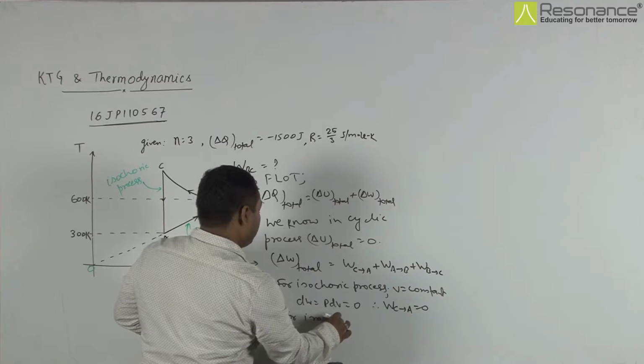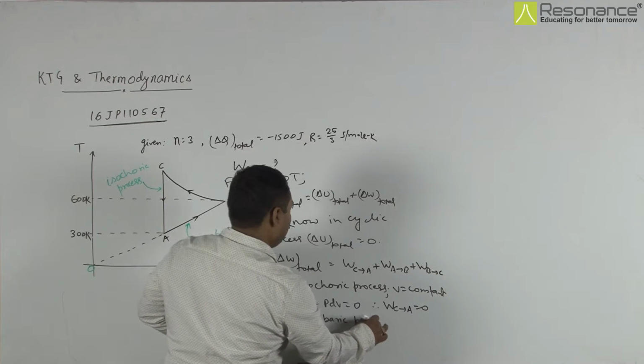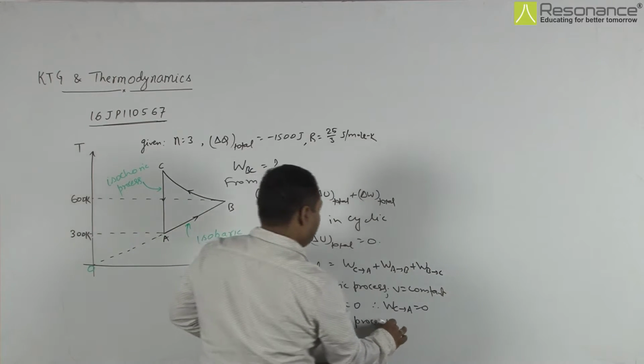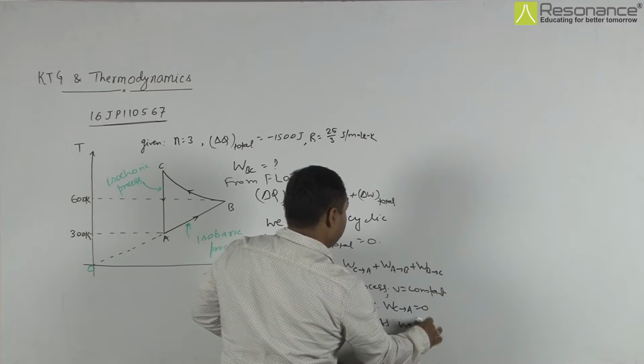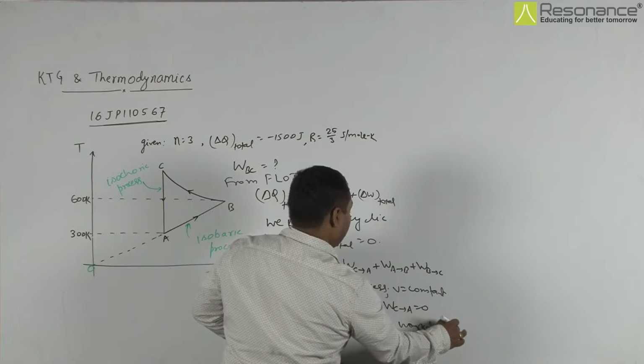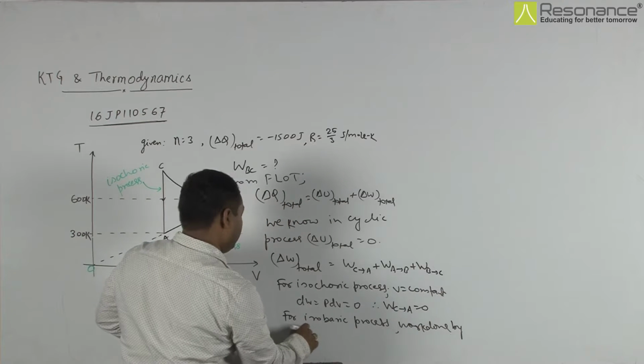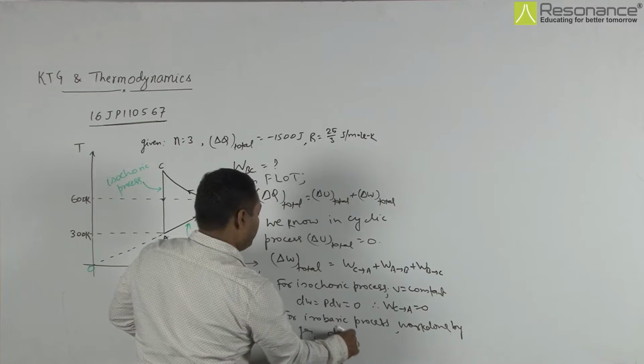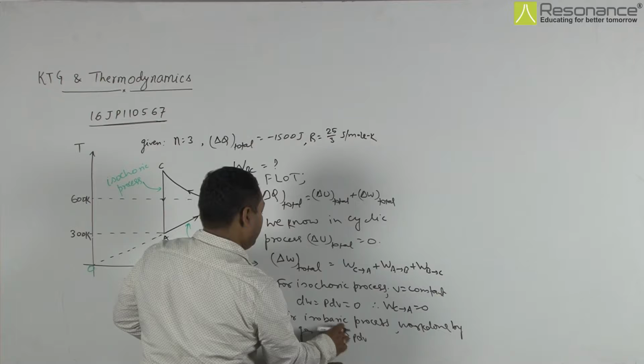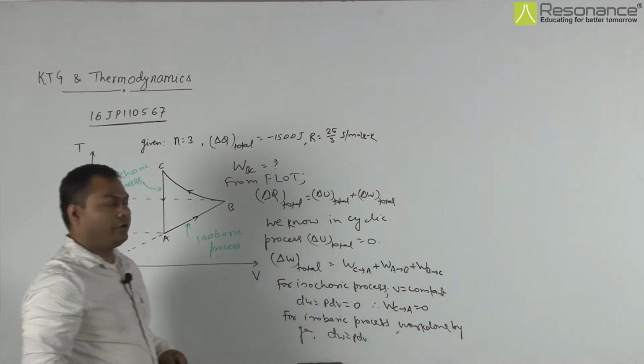For isobaric process, work done by gas, dW is what? P dV. Okay.